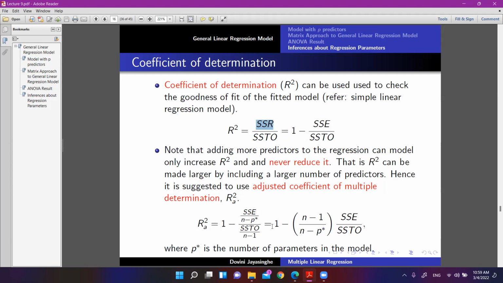The derivation is not included. So you have to compute this figure in multiple linear regression. R squared can be made larger by including a larger number of predictors. That is the issue. Hence, it is suggested to use the adjusted coefficient of multiple determination.